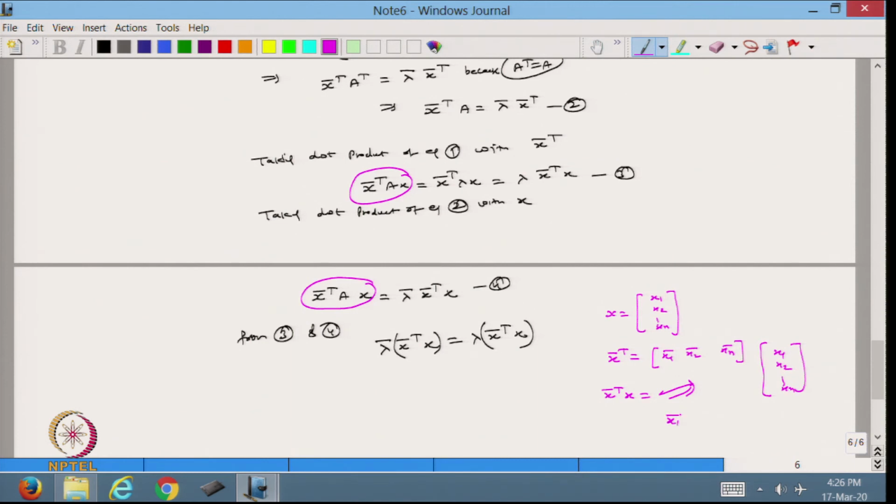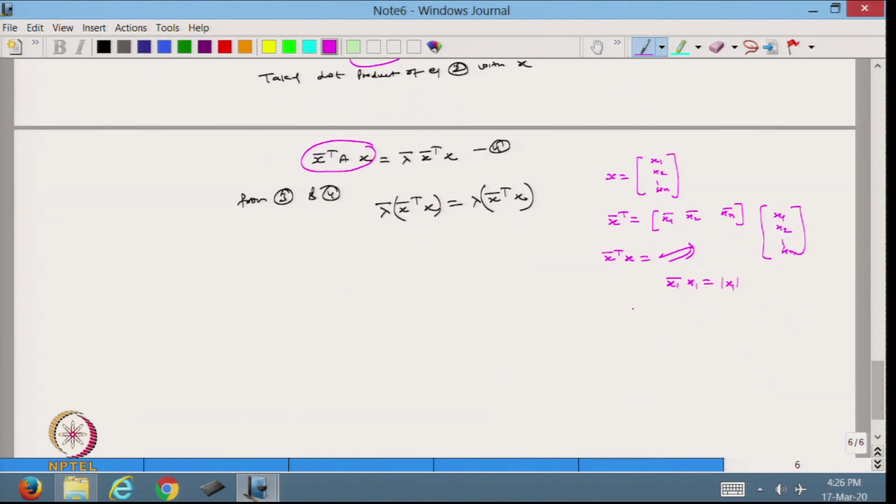And I know that x1 bar with x1, a complex number multiplied by its conjugate, will give you the modulus square, because I know that a plus ib multiplied by a minus ib is equal to a square plus b square, and the modulus of a plus ib is the square root of a square plus b square.